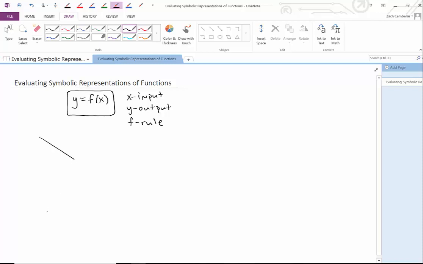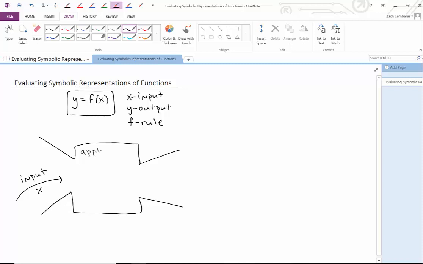This came from the idea in which we thought of a function like a machine. Into the machine is some input, whatever it may be. We call it x as a placeholder. Then you apply some rule. What is the rule?